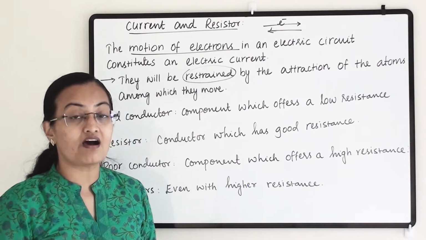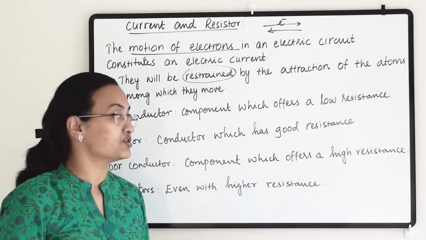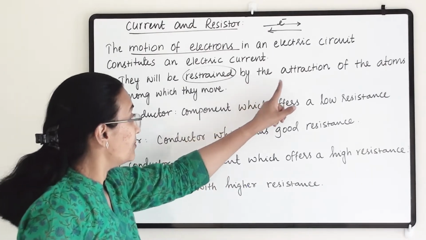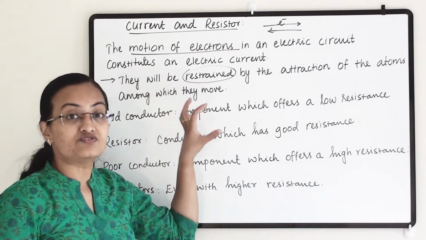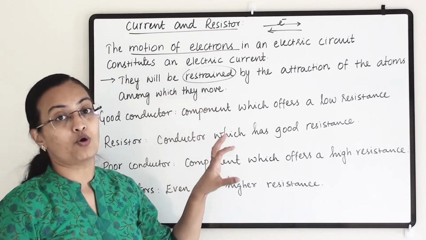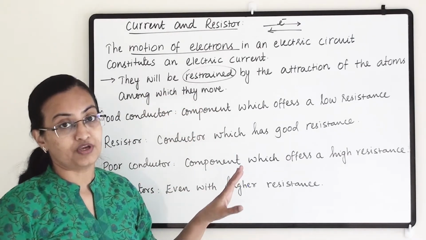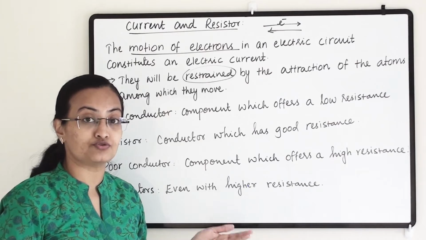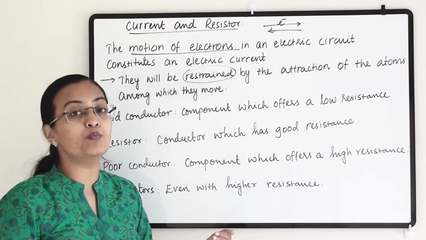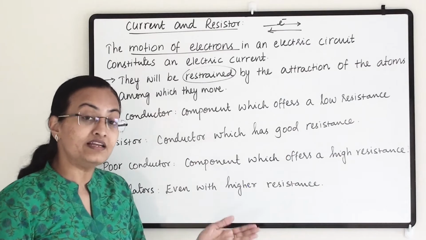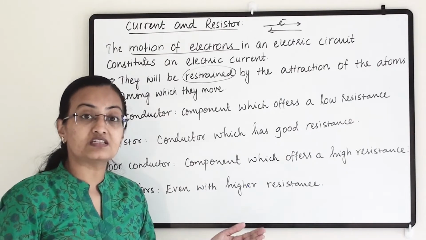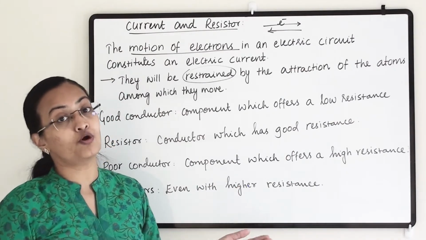But ions are charged atoms, so the attraction of these atoms will restrain the movement of the electrons, because ultimately they are charged species, so they will restrict the movement of electrons through them, and because of that the electric current will face some resistance from the conductor.